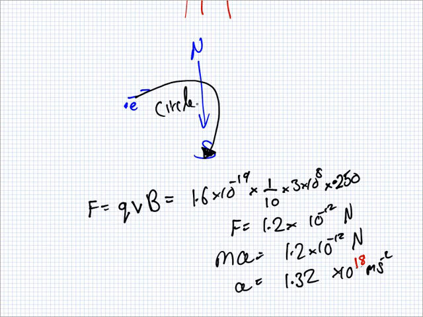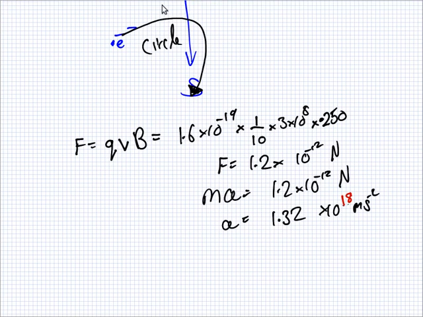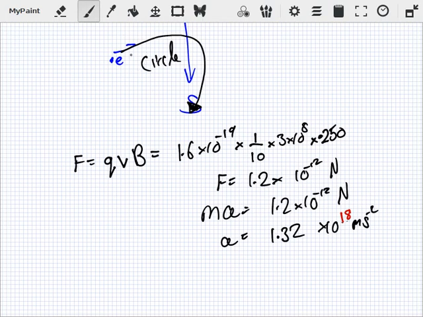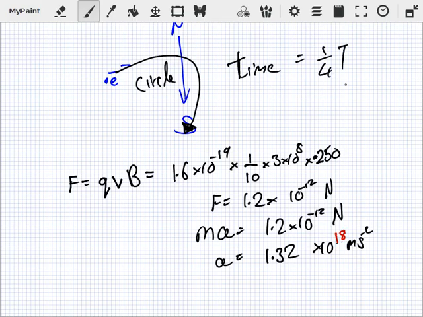So this is why students don't like fields, because it mixes a new topic with mechanics, makes it more difficult. So you won't be surprised if I tell you we'll have to use a circular motion equation. For example, if I asked you the time, if it moves in a circle, that would be 1/4 the periodic time.